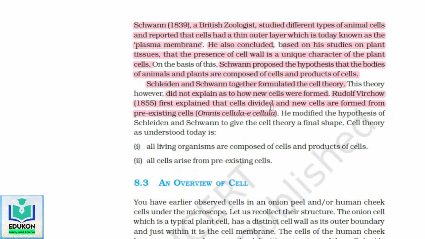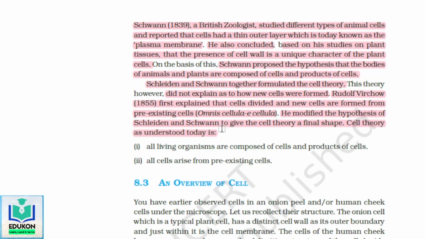So, omnis cellula e cellula. That is, cells are formed from the old cell. He modified the hypothesis of Schleiden and Schwann, giving the cell theory its final shape. So who formulated the cell theory already?